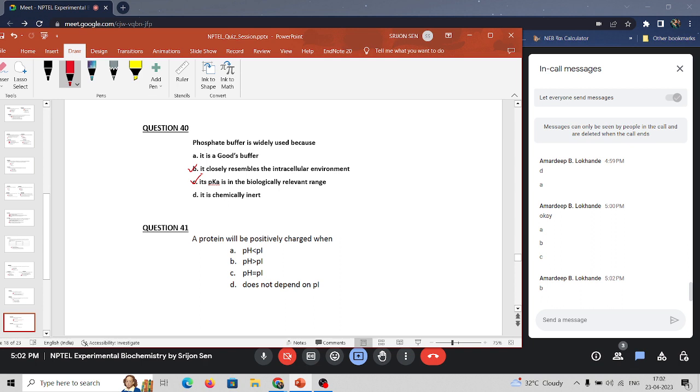If you are using a buffer which is of higher pH than your pI, then what will happen?